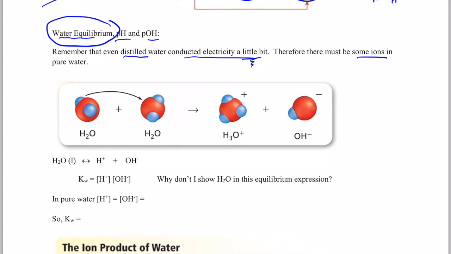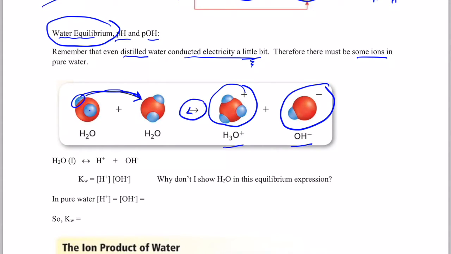Well, it turns out that water can react with water to form an acid and a base. So every once in a while, this water molecule, H2O, can donate a proton to another water molecule and turn it into H3O+. Now if this guy donates that proton, it becomes OH minus. Now how do I know that doesn't happen very often before it reaches an equilibrium?